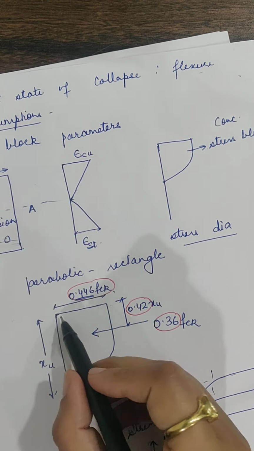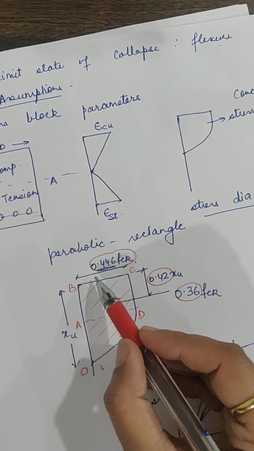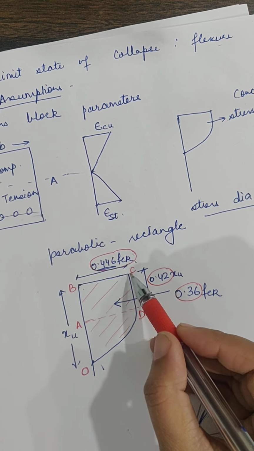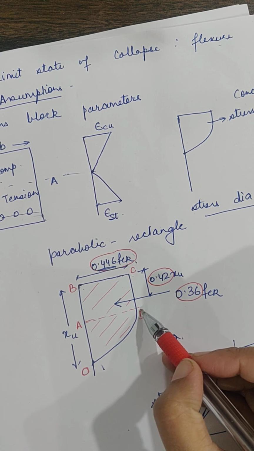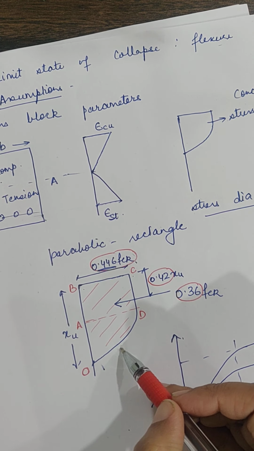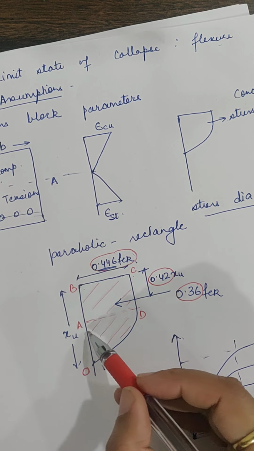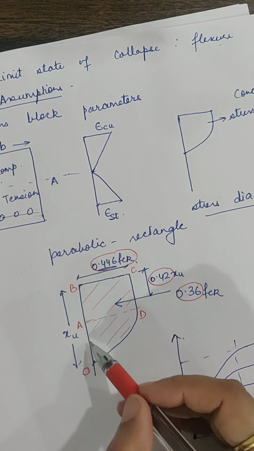I know the area of the rectangle will be simply this width into the depth, and the area of the parabolic part will be 2/3 of this width into the depth. So I need to find out how much is this depth and then how much is this depth.